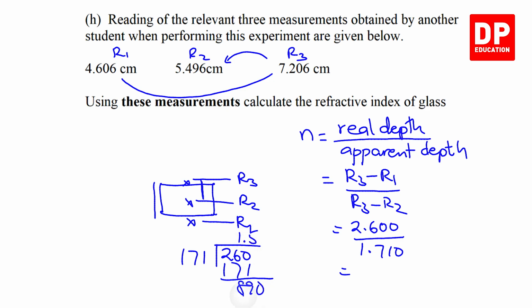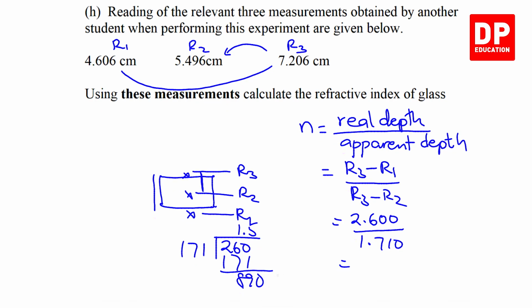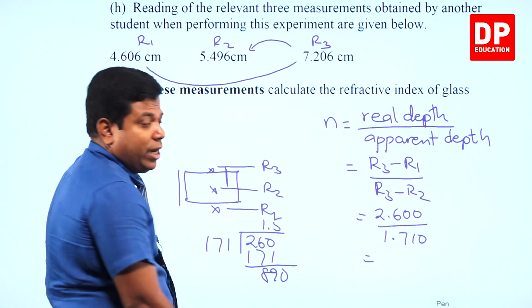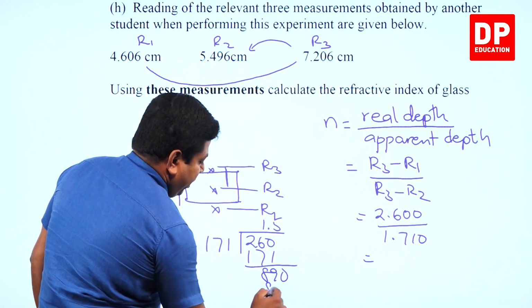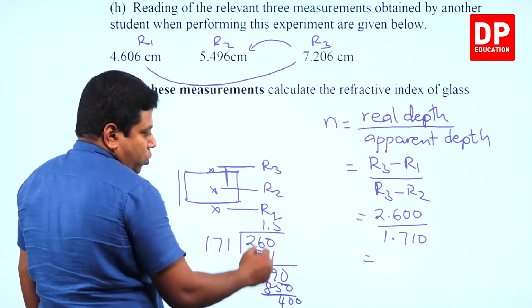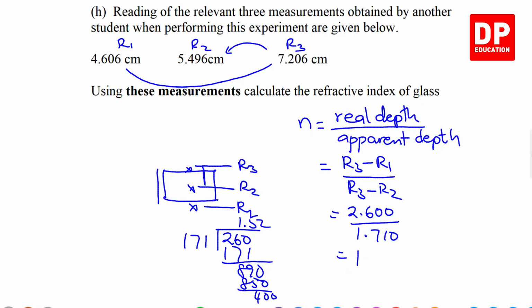Usually we give this in two decimals, so let's get another decimal. So 1.52 is the answer we are getting.